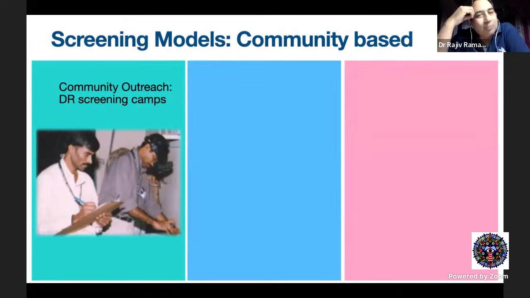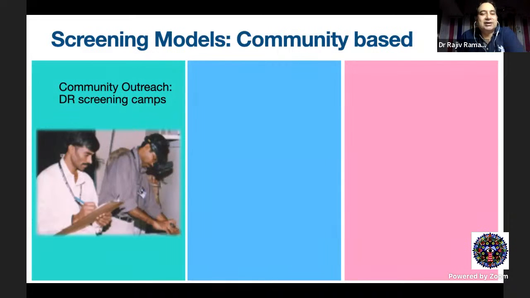Coming to the screening models, there are many community-based models which can be used for screening retinopathy. The simplest thing, if you don't have any other equipment, is to take your indirect ophthalmoscope and go for an outreach program, diabetic retinopathy screening camps, where you invite people who have diabetes and do a dilated eye examination. It's not a bad method.